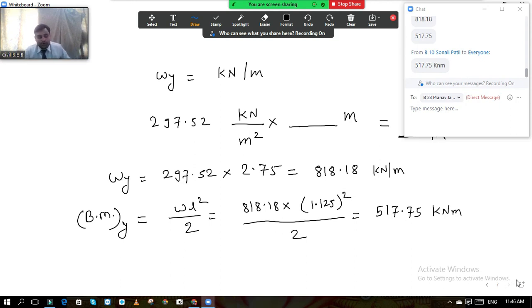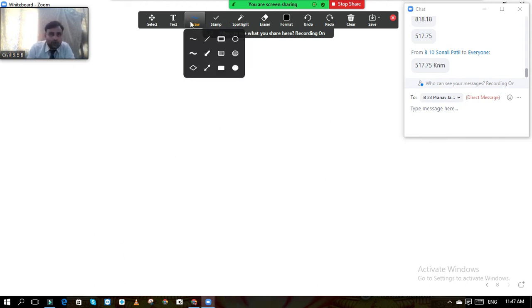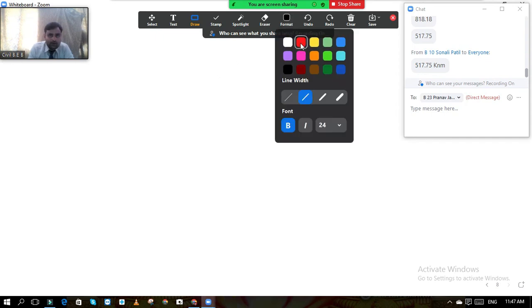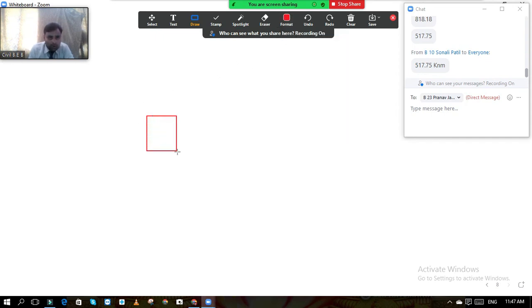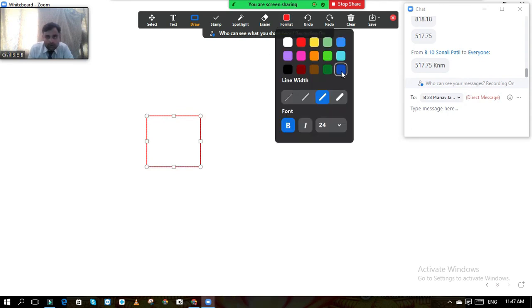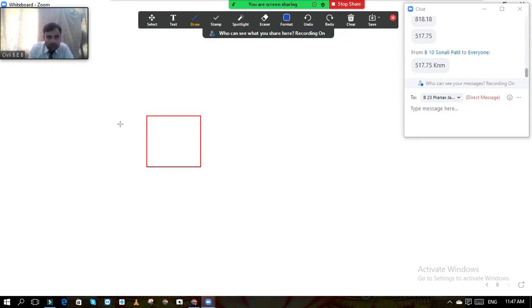Same thing is there. Again I will draw the diagram for X also, so that it will be easier for you to understand. Suppose this is our column. Section XX is the horizontal section, so this is our section XX.